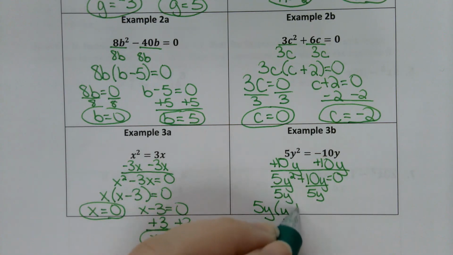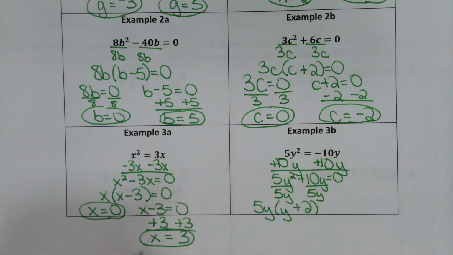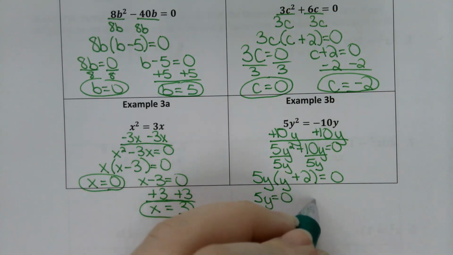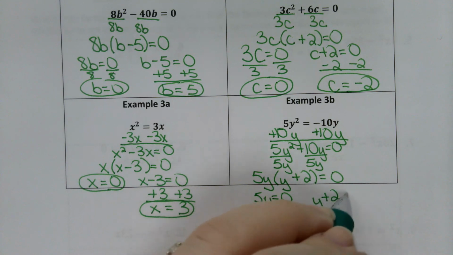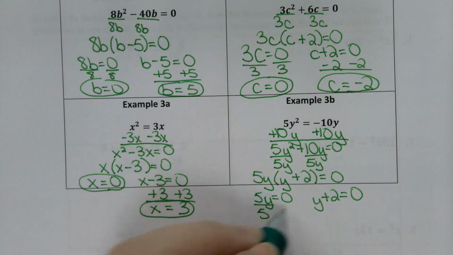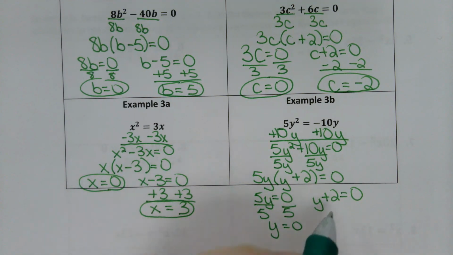So y plus 2 is what's remaining. And we'll set each factor equal to 0. 5y equals 0. y plus 2 equals 0. And then solve. Divide by 5, giving us that y equals 0. And subtract 2, leaving us with y equals negative 2.